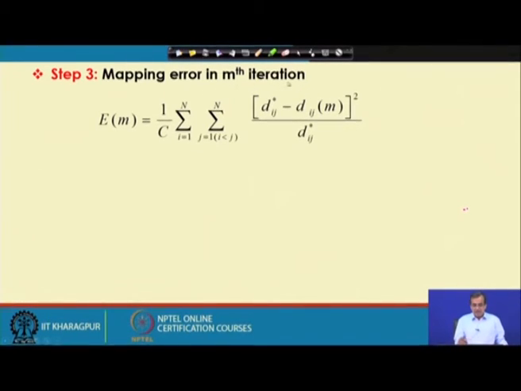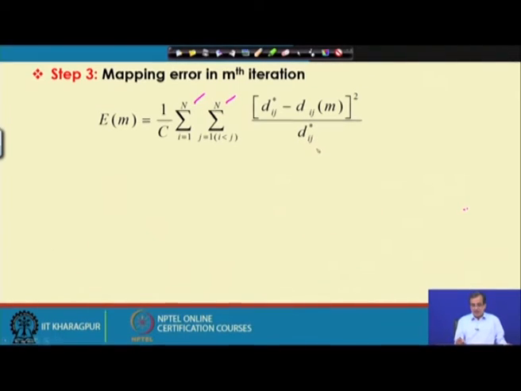Now, the mapping error in the mth iteration is E_m, that is 1 by C, summation i equals 1 to n, n is the total number of data points, summation j equals 1 to n, provided i is less than j, of d_ij star minus d_ij(m), whole squared, divided by d_ij star. This d_ij star minus d_ij(m) could be either positive or negative, and that is why we put the square here just to make it positive.